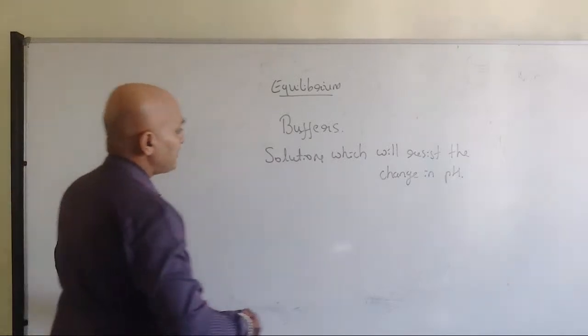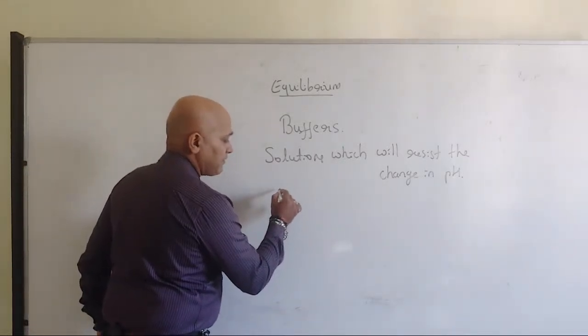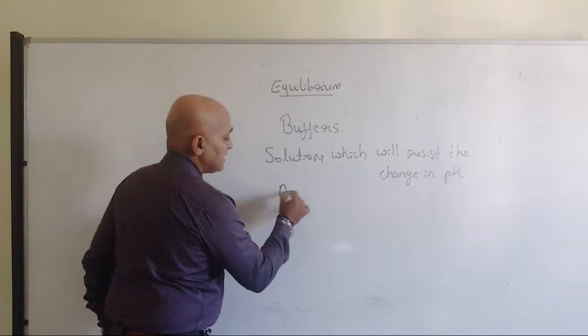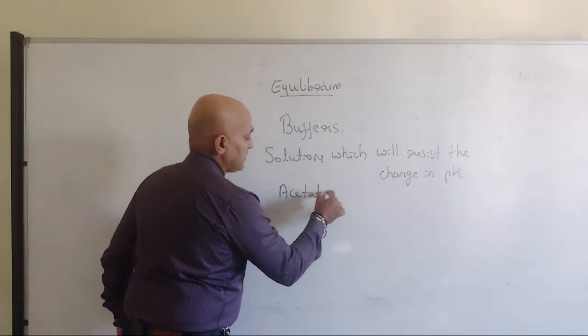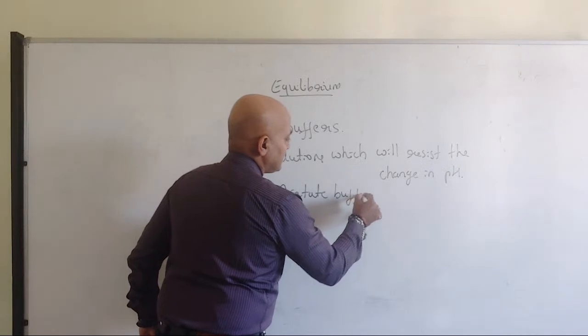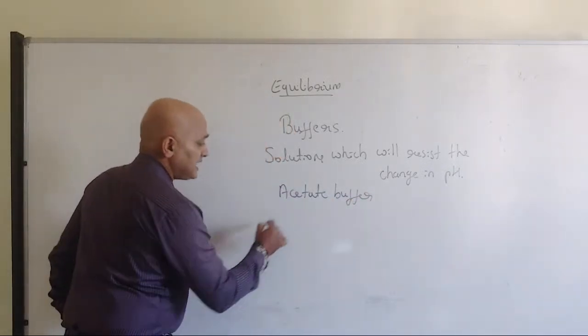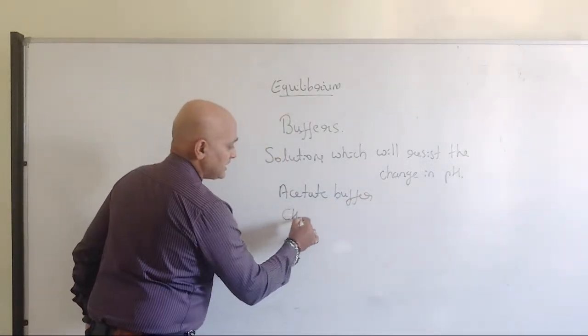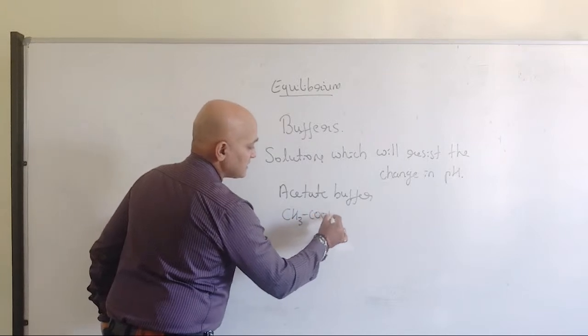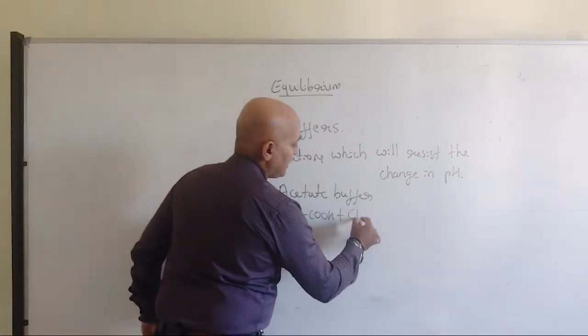Because these buffers are made up of, for example, I will take the acetate buffer. Acetate buffer is prepared by mixing acetic acid with sodium acetate.